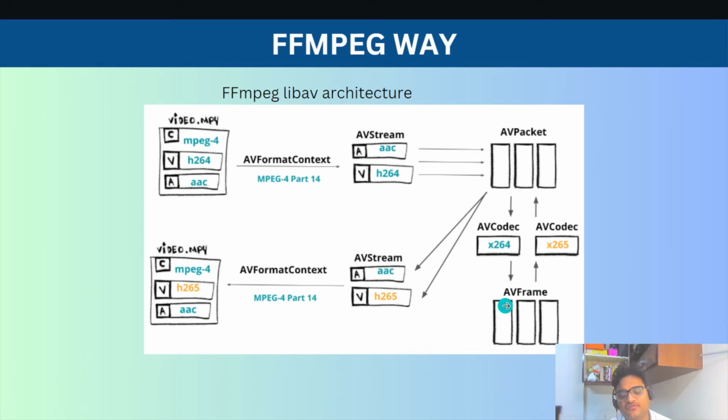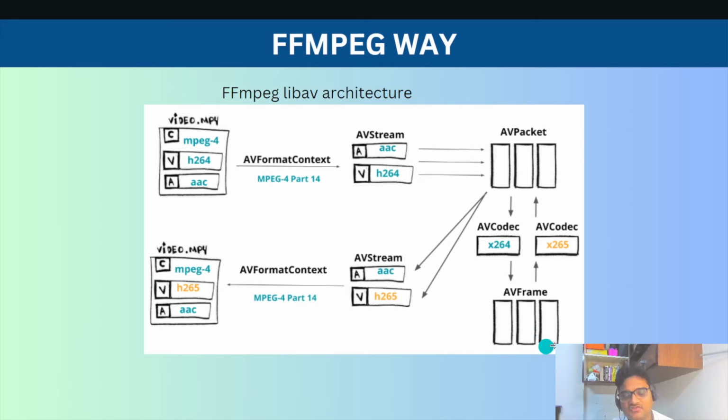This can be an audio frame or a video frame; in general, we call it an AVFrame. So this whole process from MP4 file to stream to packet to frame is called decoding, and these are the terminologies related to it in FFmpeg.